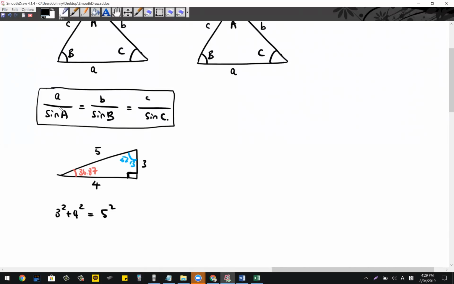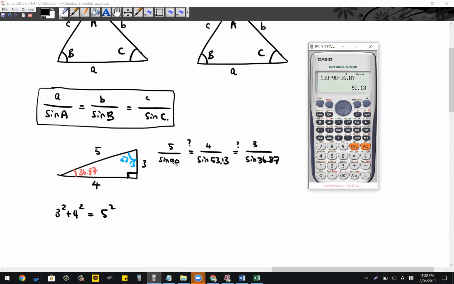Now let's see if this rule works. I'm going to do 5 over sine 90. Is that really equal to 4 over sine 53.13, and is it equal to 3 over sine of 36.87? Well, let's try. Sine 90 is, by the way, 1, so that's 5 over 1, which is 5. If I do 4 over sine of 53.13, I need to close the bracket.